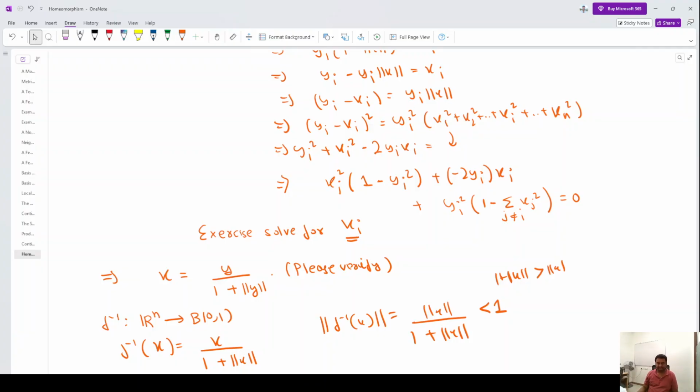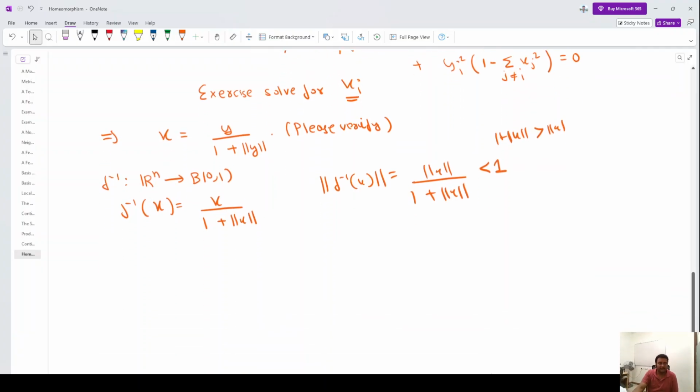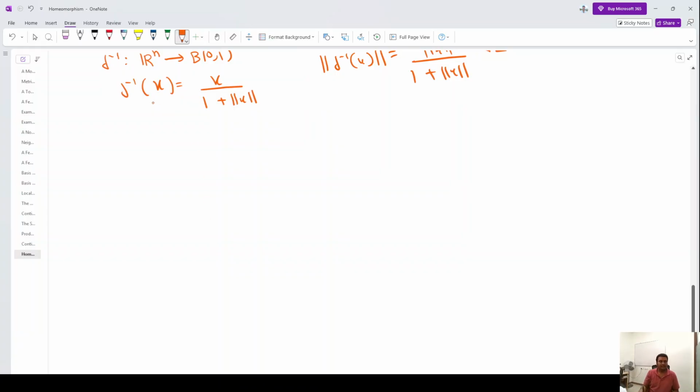Okay, let us proceed. So example 2. This is one of the very, very, very important examples. This is called stereographic projection.